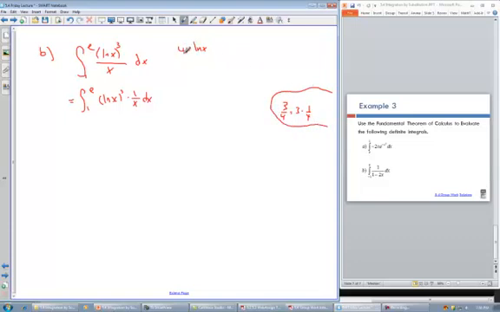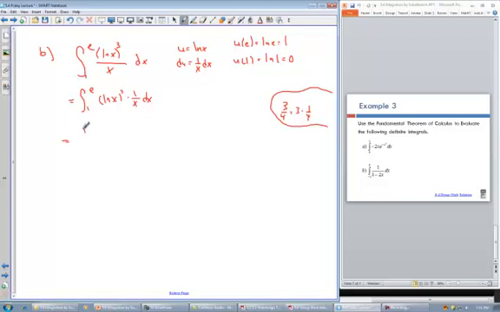Now if u is ln of x, of course du is equal to 1 over x dx. Don't forget to change your limits of integration. u of e is equal to ln of e, which equals 1. And u of 1, the lower limit, is equal to ln of 1, which equals 0.